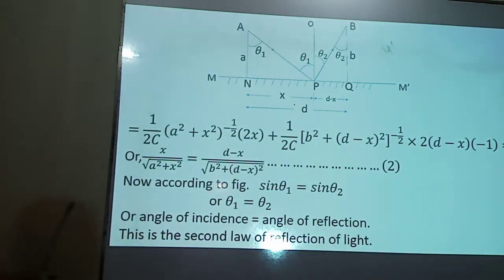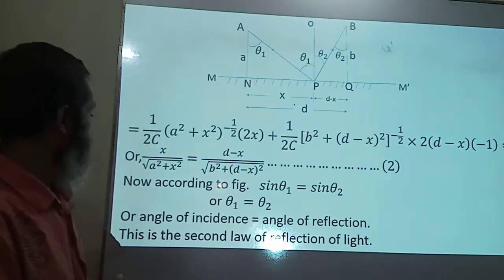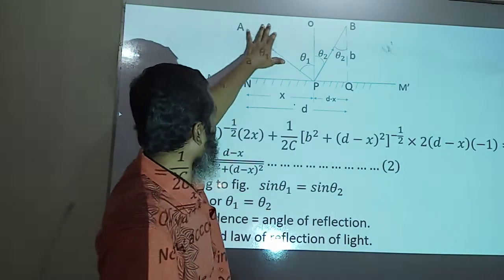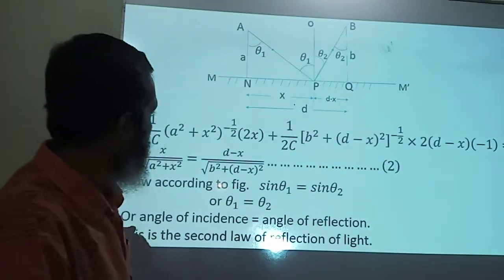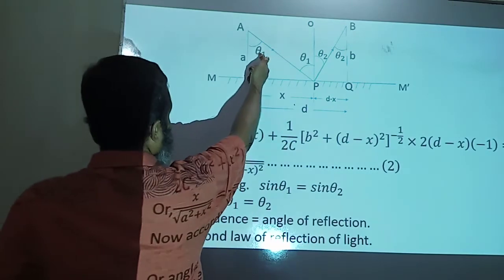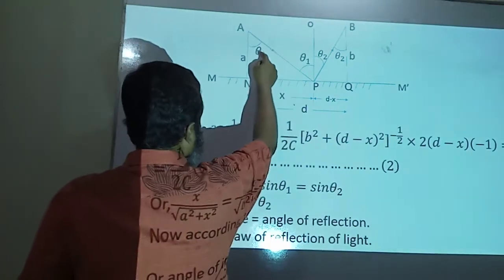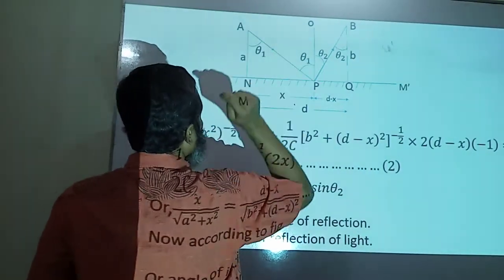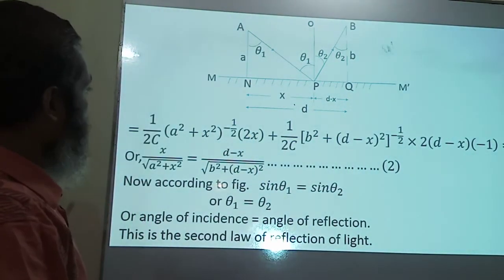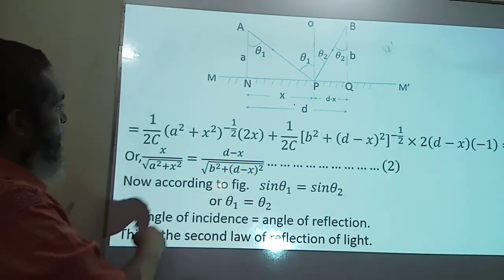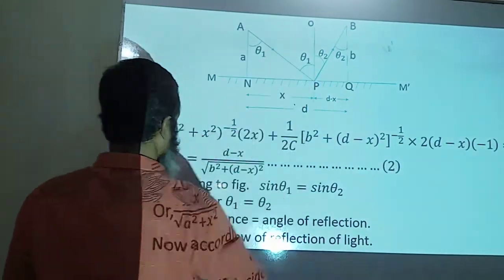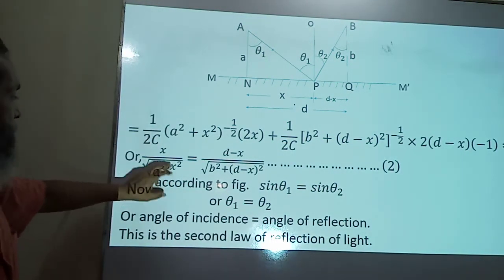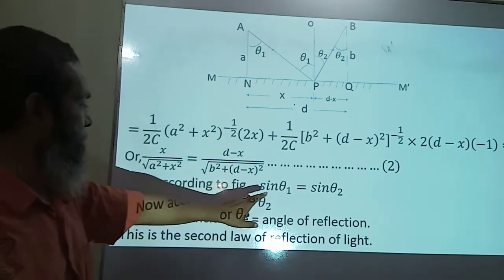Now come to the figure. Here in this figure, this is x, theta 1, the side opposite to the angle, that is the perpendicular. So x is the perpendicular, and AP is the hypotenuse. Perpendicular by hypotenuse is sine. So this is sine theta 1.